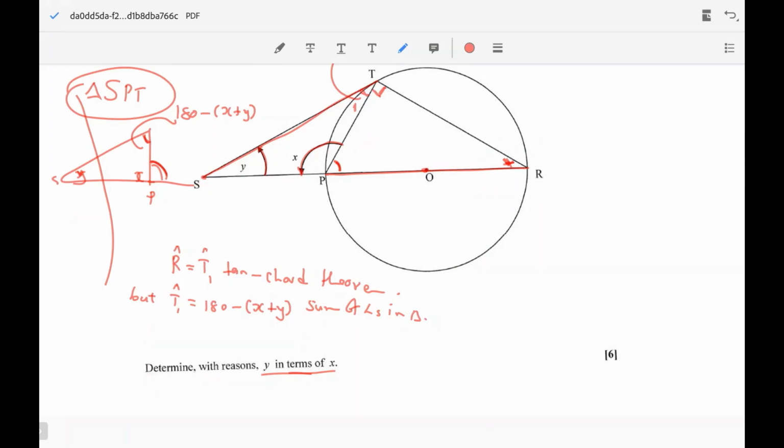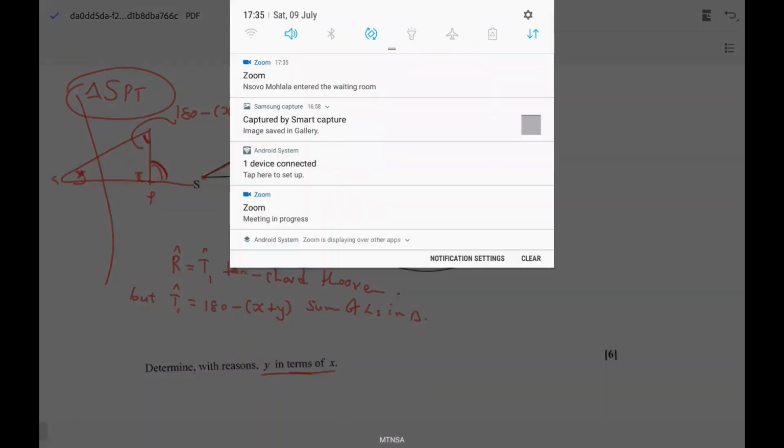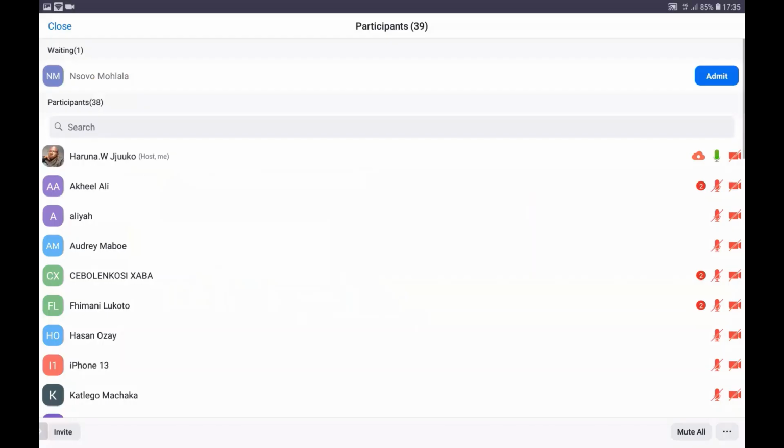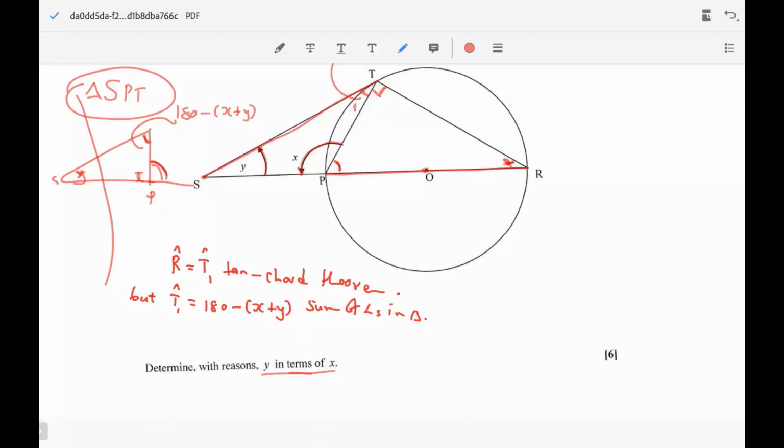So what else do we have? Sorry, the latecomers. So that's the information so far we have, but our aim is to express y in terms of x.